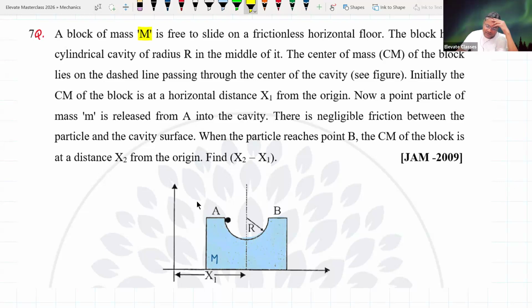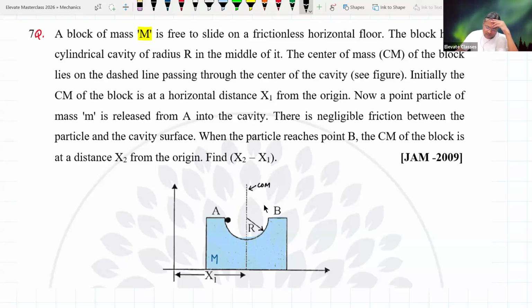The block has a cylindrical cavity of radius r in the middle of it. So there is a cylindrical cavity of radius r. Okay. The center of mass of the block lies on the dashed line, passing through the center of the cavity. Initially, the center of the block is at a horizontal distance x1 from the origin.